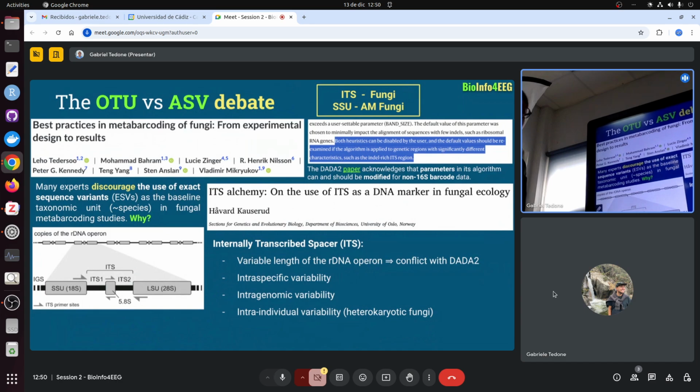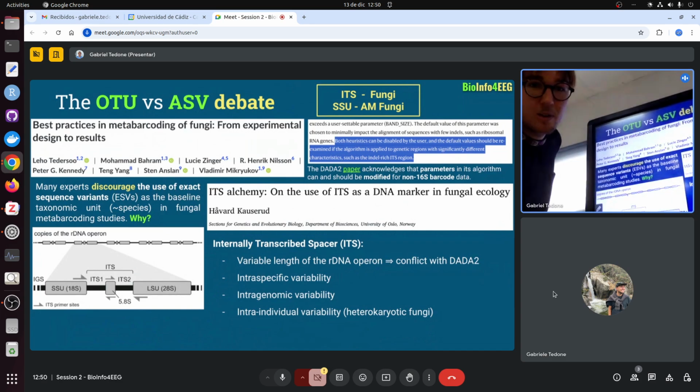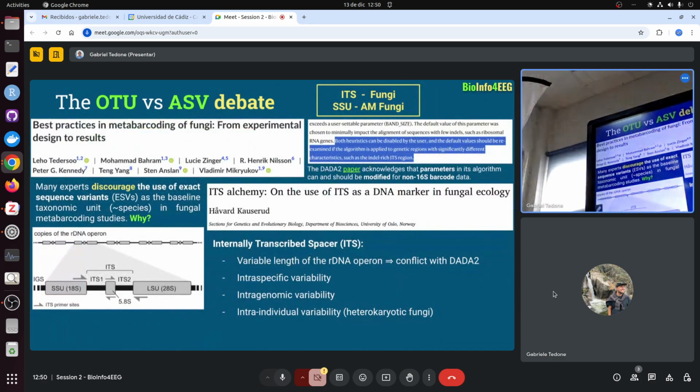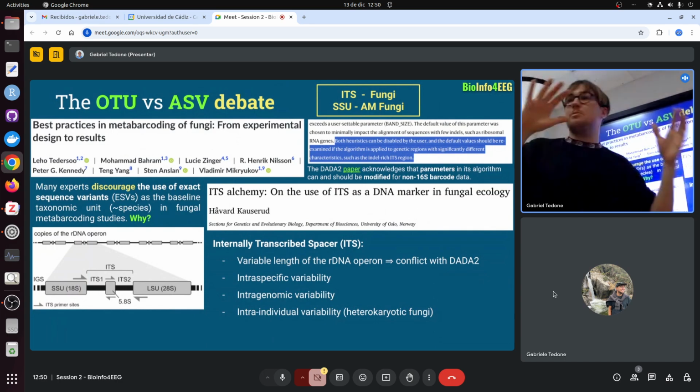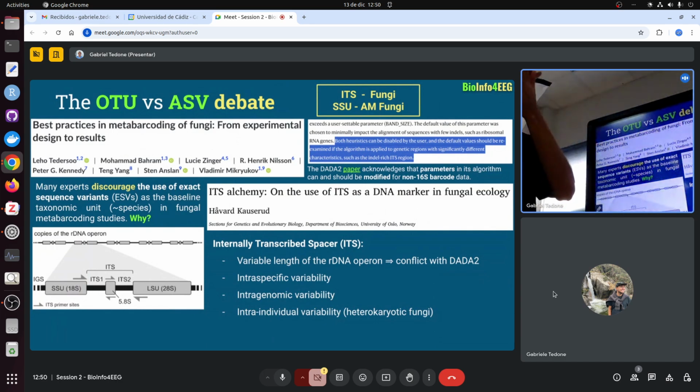So fungi people kind of reject the idea of ASVs or exact sequence variants as the baseline taxonomic unit that proxies a species. Remember, we want to get the community matrix similar to what botanists or naturalists use to study ecology.